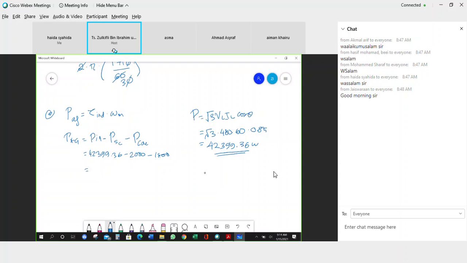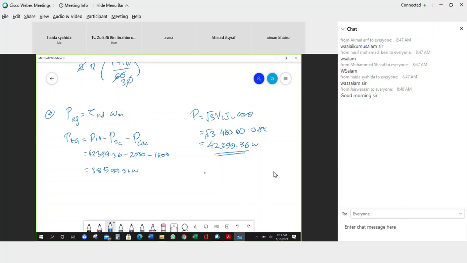So it's quite straightforward if you understand the power flow. Then minus 2000 minus 1800, so you get your air gap power is 38,599.36 watts. Okay.